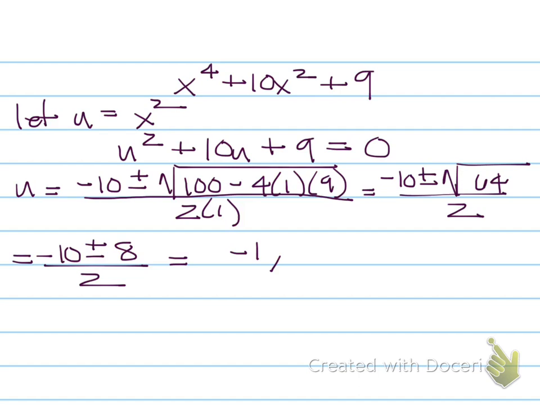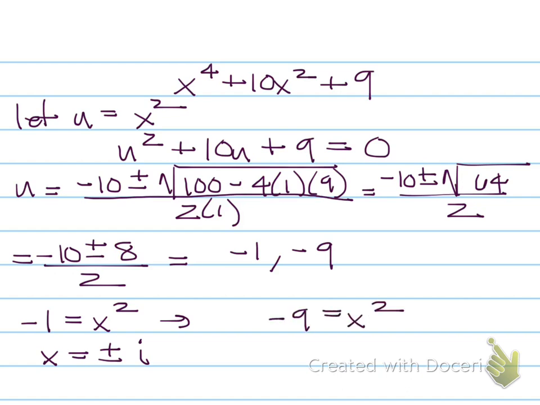So since the solutions for u were -1 and -9, we can set both of those equal to what we let u equal. We let u equal x squared, so we're going to set -1 equal to x squared. So for the roots from that equation, we get x equals plus and minus i, since the square root of -1 is i.